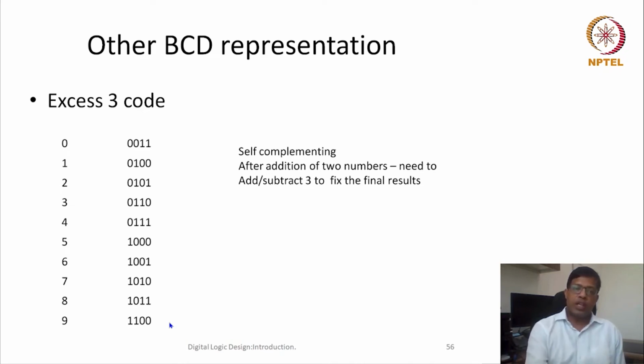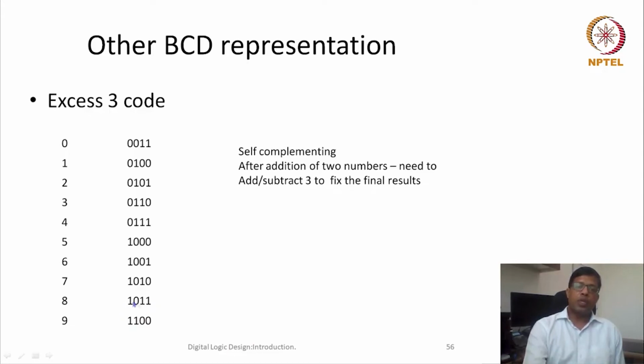If you see here, let's say I want to invert this particular bit pattern for 1. If I invert all the bits, what I will get is 1011. And let us see what 1011 represents. 1011 represents 8.